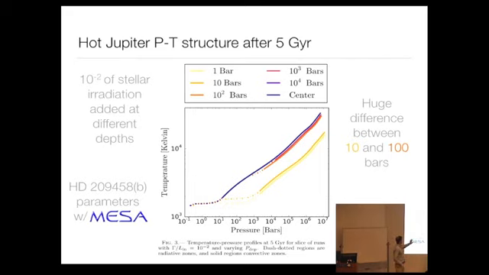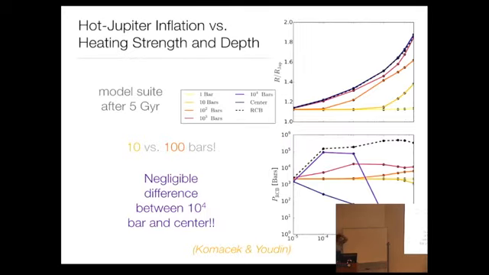It's just that this is sort of a natural level for the radiative convective boundary to be, and so by having the heating closer to where the radiative convective boundary is, you're doing a better job of suppressing cooling. I mean, the details of this get fairly complicated, and this will be in the paper, because the radiative convective boundary is obviously changing over time.